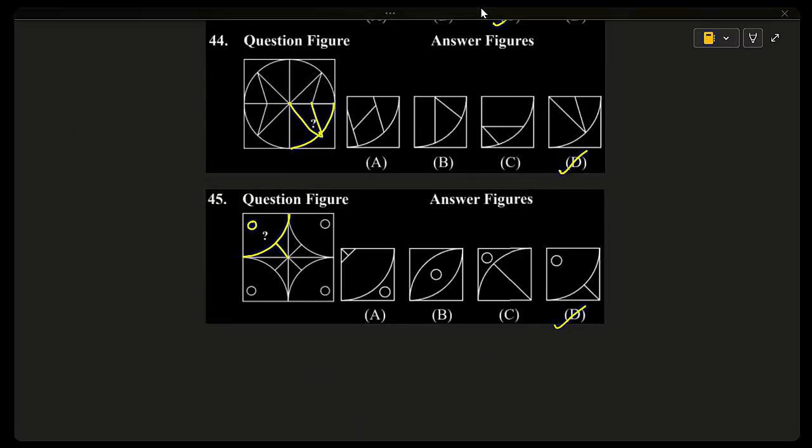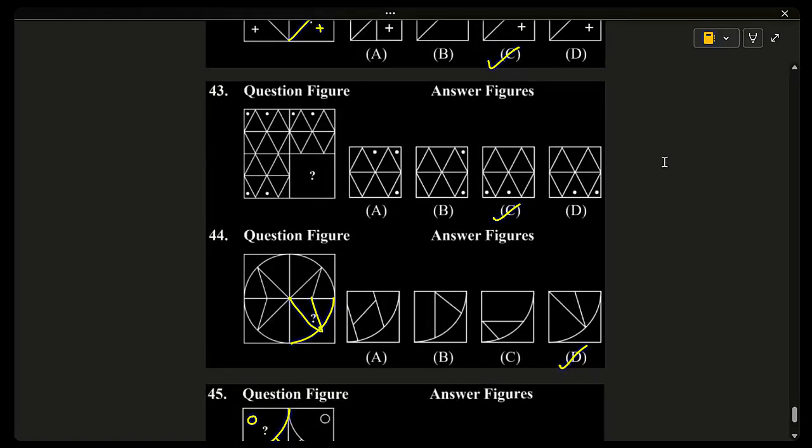Aditi, what is your doubt? Yes, the 43rd question. Sir, how is option C? See, first of all, let me fill that. See, this pattern you can understand, right? This straight line and triangles here and here. This pattern, there is no doubt, right?